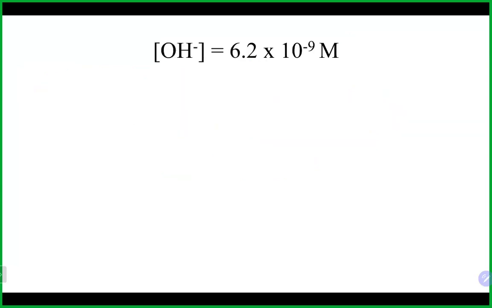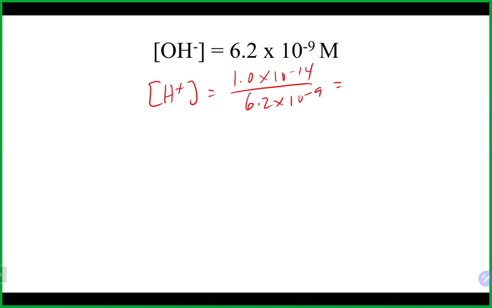Looking at the next one, pretty much the same calculation. In this case, we're going to be looking for the H plus concentration, and that's going to be 1 times 10 to the minus 14 divided by 6.2 times 10 to the minus 9. Again, putting that in with our exponent buttons, that's going to yield us 1.6 times 10 to the minus 6 molar.